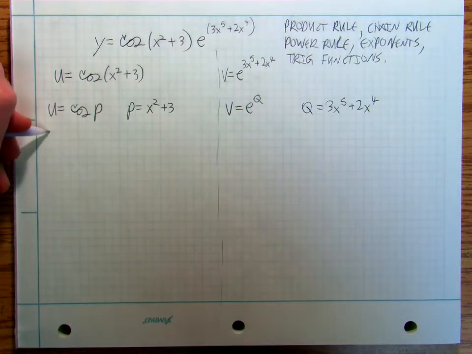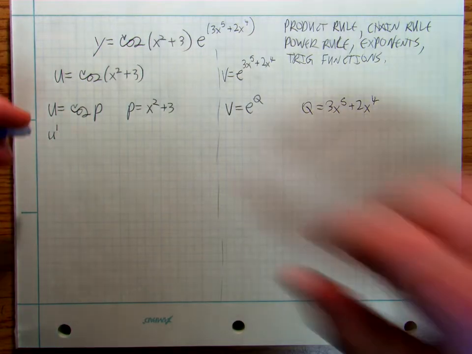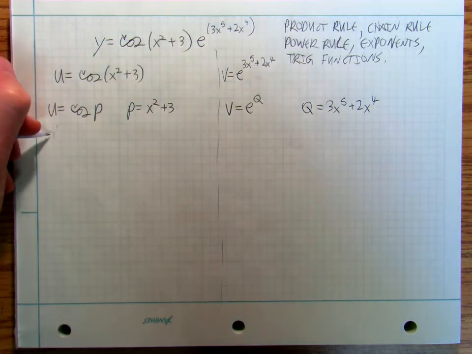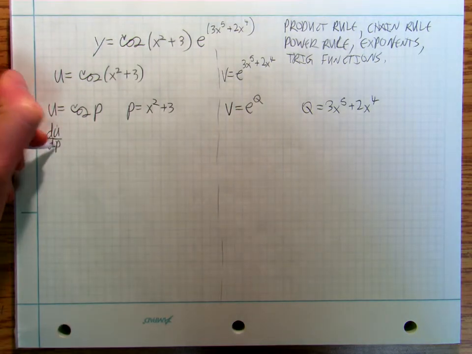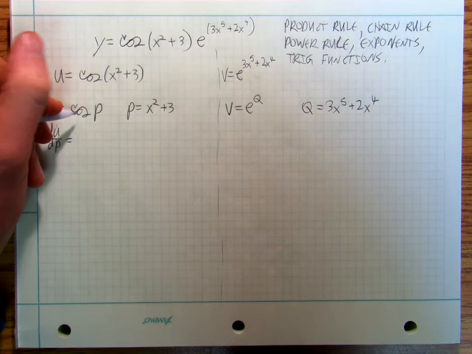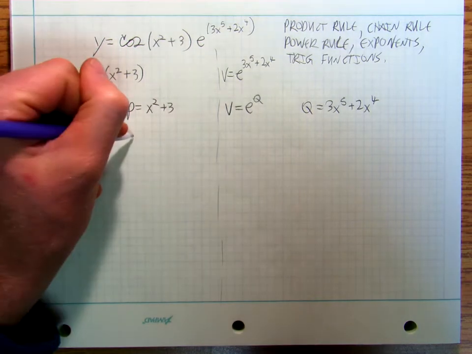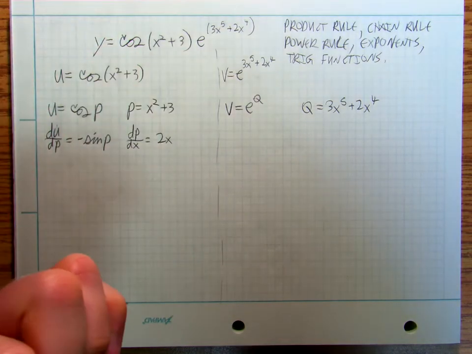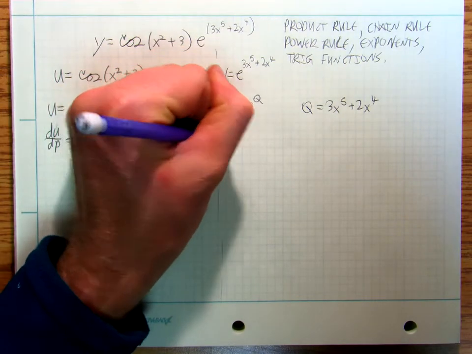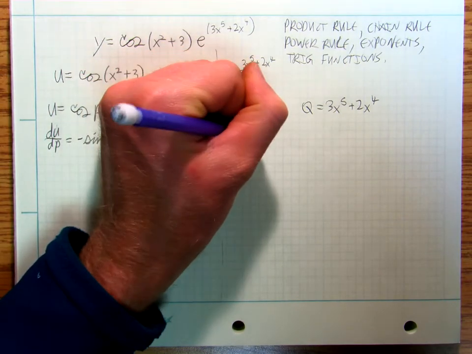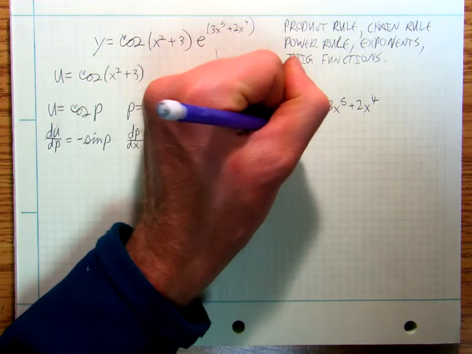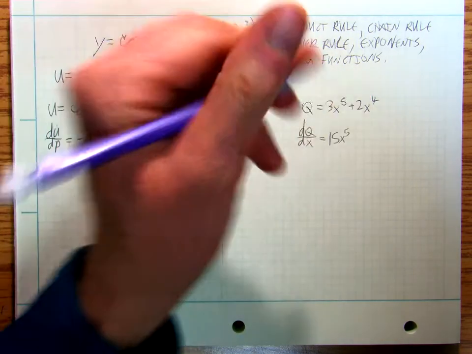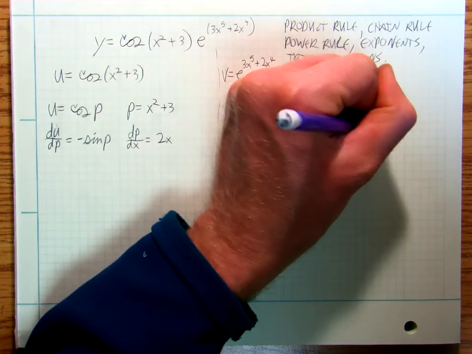Well, now I'm going to say u prime. Well, I'm going to change it around here. I'm going to say du dp is equal to negative sine p, and dp dx is equal to 2x. And I'm going to say dv dq is equal to e to the q. That's an easy one. dq dx is equal to 15x to the fourth plus 8x cubed.